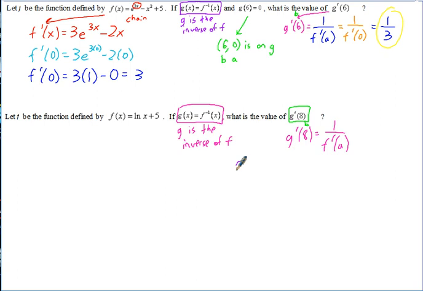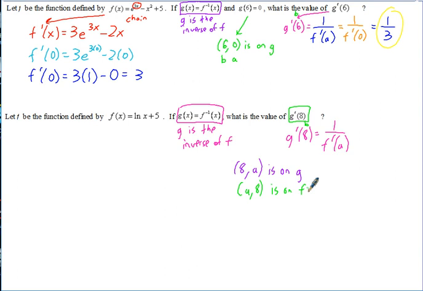So we can say (8, a). We don't know what a is on g. Okay? Remember, we always say (b, a) is the point on g. Well, if that's the point on g and g is the inverse of f, then what point has to be on f? Well, that would have to be (a, 8). And if the point (a, 8) is on f, what can we do?